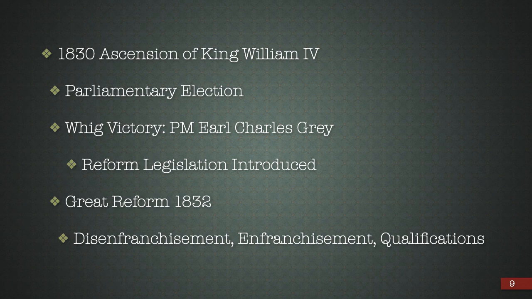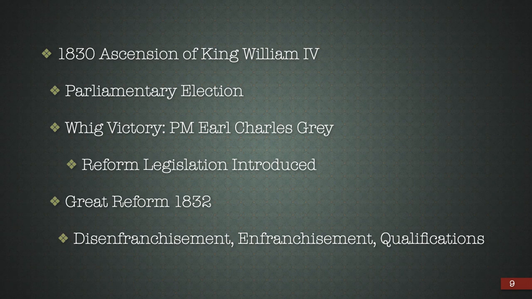There are 30 boroughs that have fewer than 4,000 inhabitants. Each one of them will lose one of their representatives. And Weymouth and Melcombe Regis are two places that have minimal populations, and between the two of them, they have 4 members of parliament, and these places will lose half of their representatives.